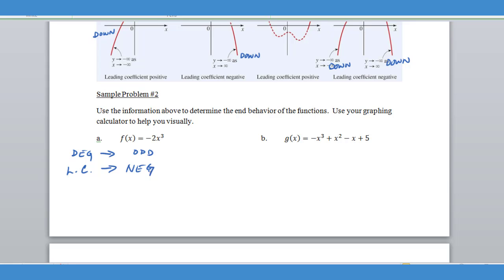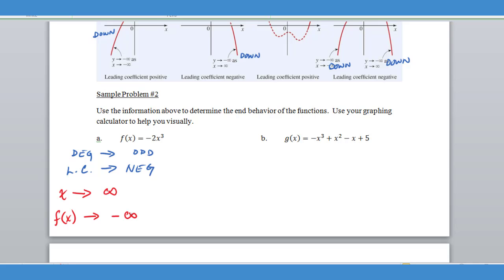Now, I could use this information and go back up to the table and look at my odd degree negative, and it tells me simply that as x approaches positive infinity, my f of x value approaches negative infinity. And so you could use the table to get that information.